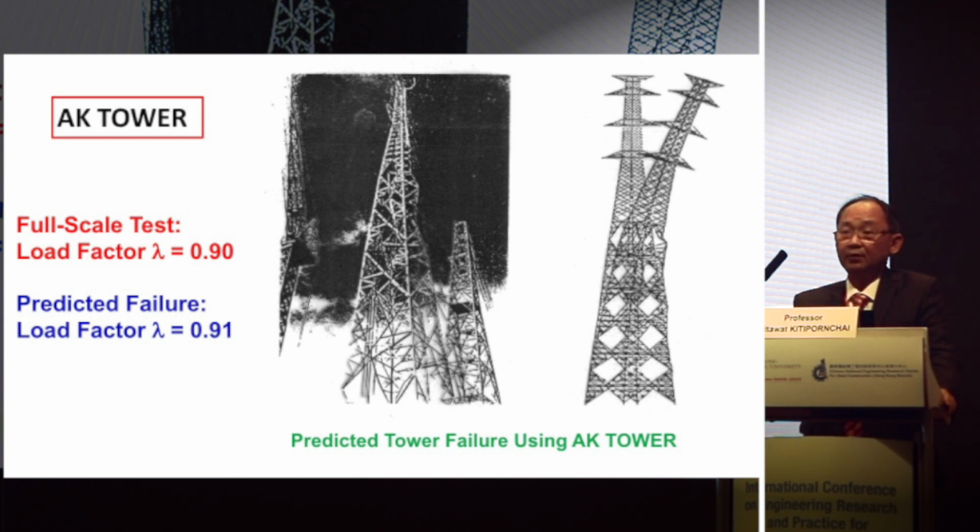We developed a software called AK Tower 25 years ago, and we are able to accurately simulate the ultimate behavior, not just the ultimate load, but exactly where the failure occurs. You can see this in this slide. This prediction was done before the full-scale testing was carried out, and the failure load was within a few percent of the test failure load, and also where it occurs.